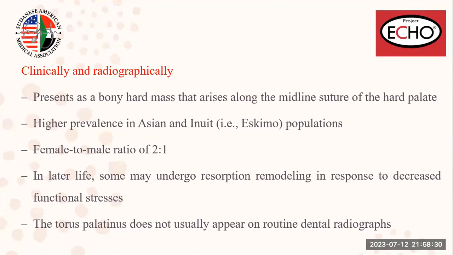It appears later in life, and some of them may undergo resorption or remodeling in response to decreased functional stresses. The torus palatinus does not usually appear on routine dental radiographs. You can only see them by clinical examination, of course, because you can see them with your naked eye, but if you are an X-ray specialist and did not see the patient and got only the X-ray, you will not be able to tell that they are there.